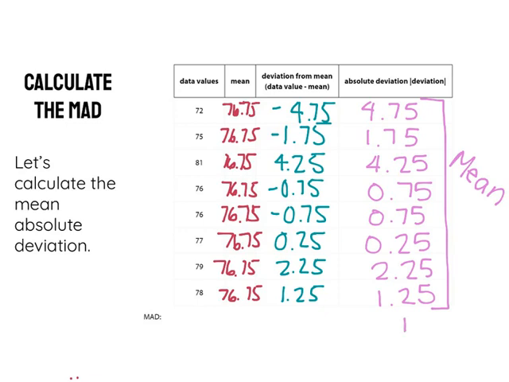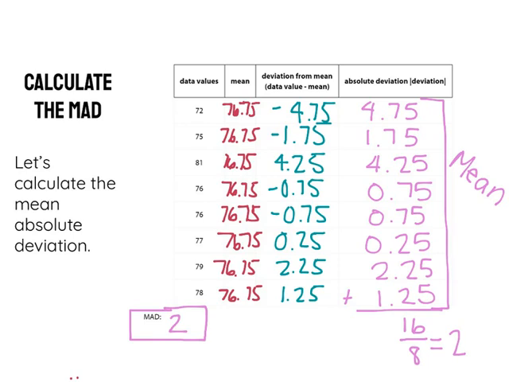That gives me 16 when I add all these up. And remember, we have 8 data points, so I'm going to divide by 8, which gives me 2. So that means that my mean absolute deviation is 2.